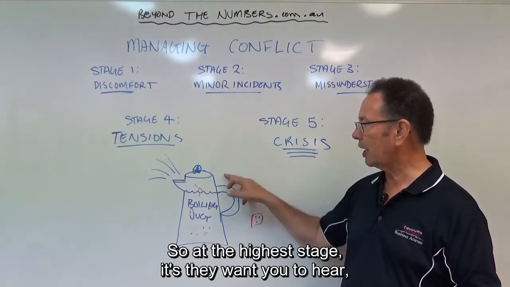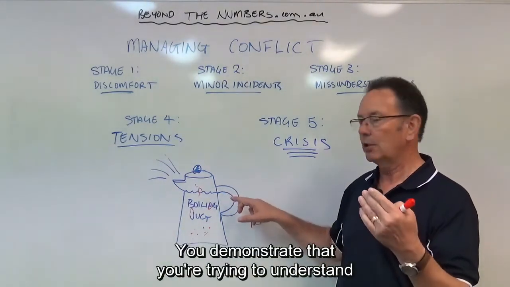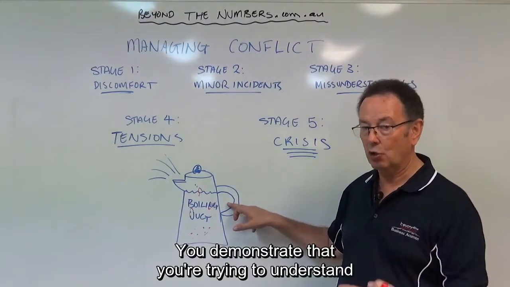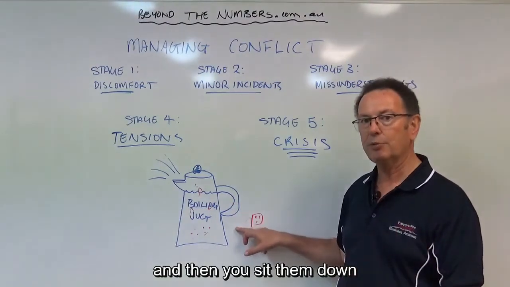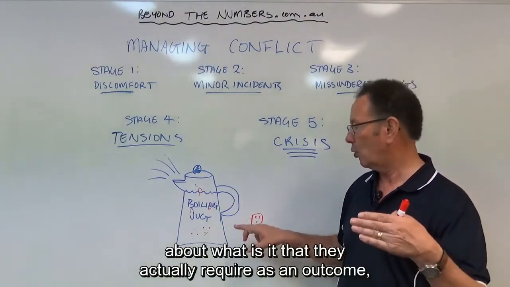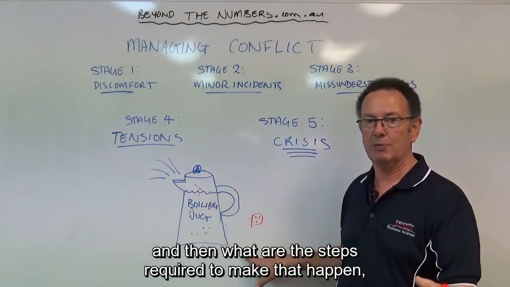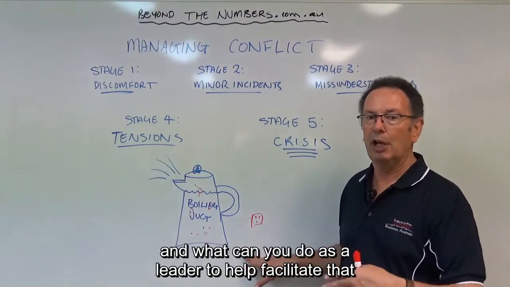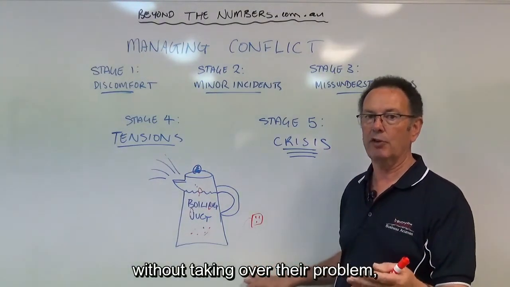So at the highest stage, they want you to hear, they want you to understand. You demonstrate that you're trying to understand and you seek further information, and then you sit them down and you start to have a more calm discussion about what it is that they actually require as an outcome, and then what are the steps that are required to make that happen, and what can you do as a leader to help facilitate that without taking over their problem.